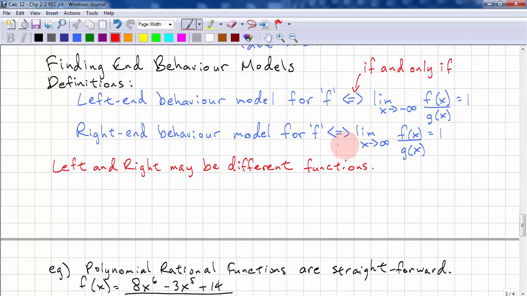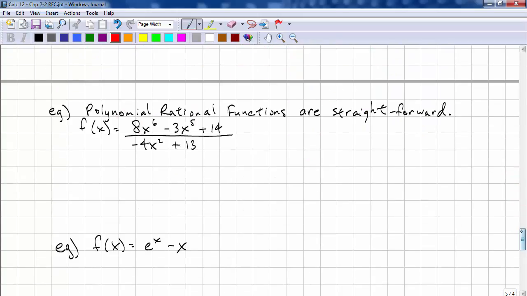And we have a similar definition for the right end behavior model. Now, the left and right end behavior models may be different functions. Let's look at an example. Polynomial rational functions are straightforward.